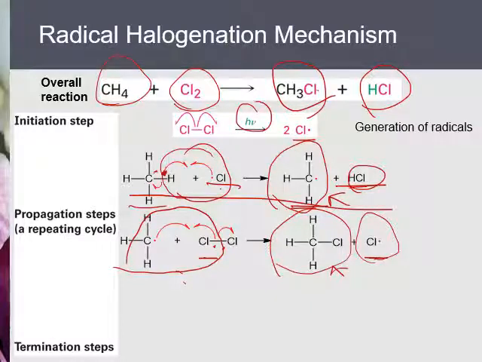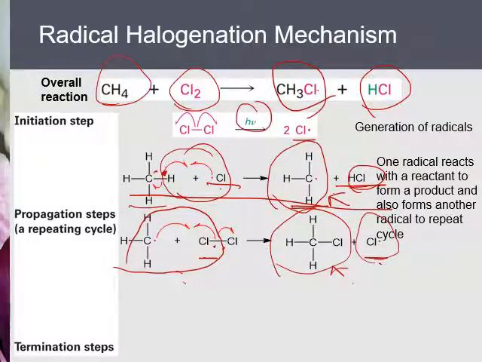Okay, it attacks methane and forms methyl radical, and then methyl radical attacks chlorine and forms methyl chloride and chlorine radical. So in the propagation step, one radical reacts with a reactant to form a product and also forms another radical. Another radical repeats its step, again and again. So that's the propagation step.